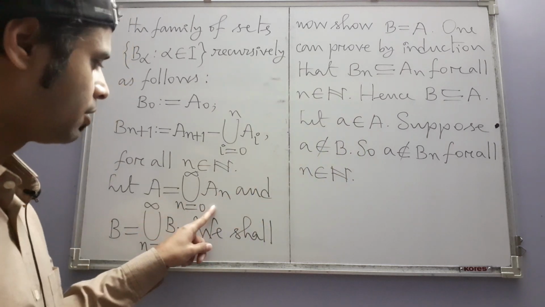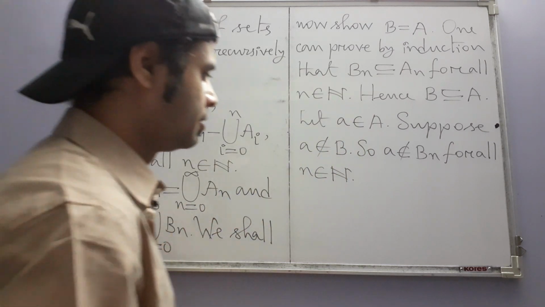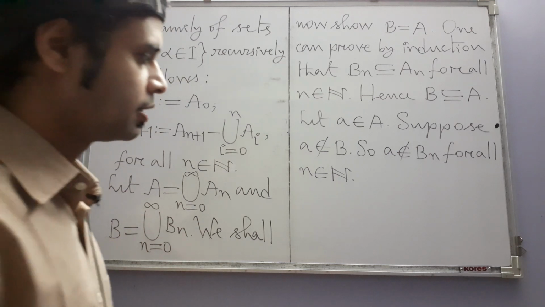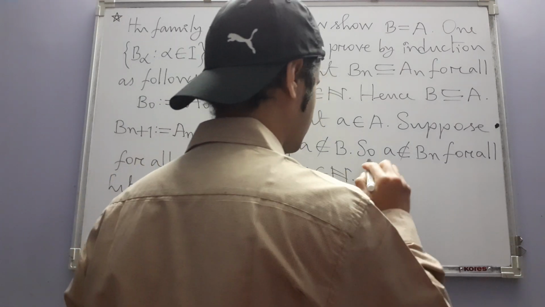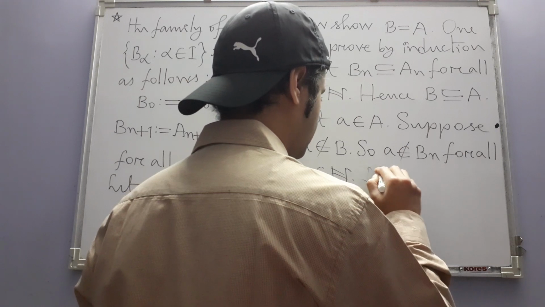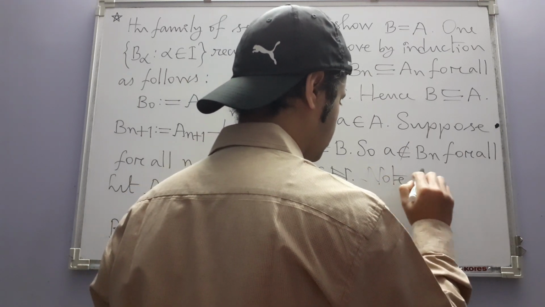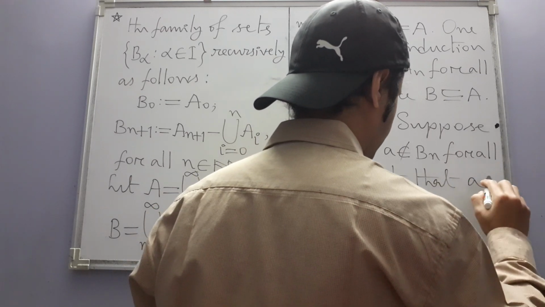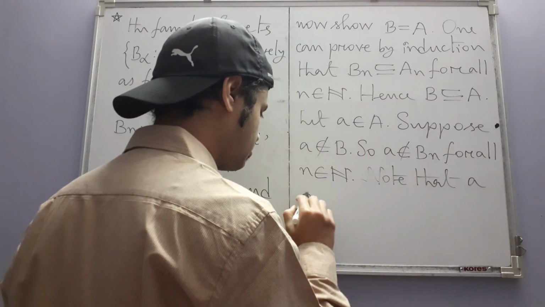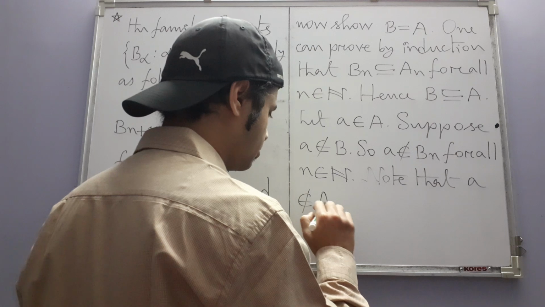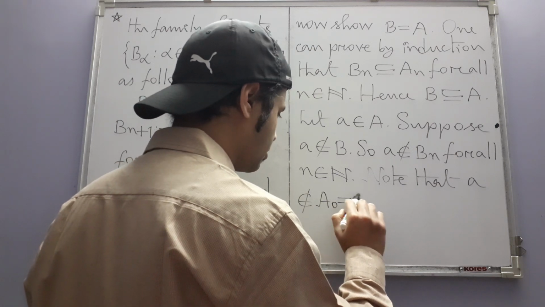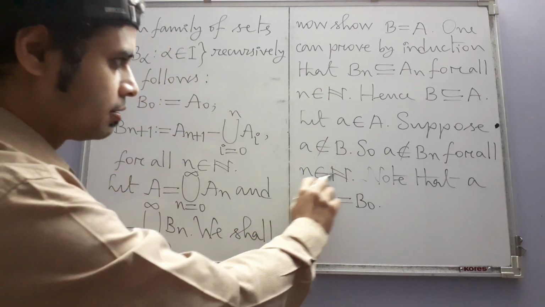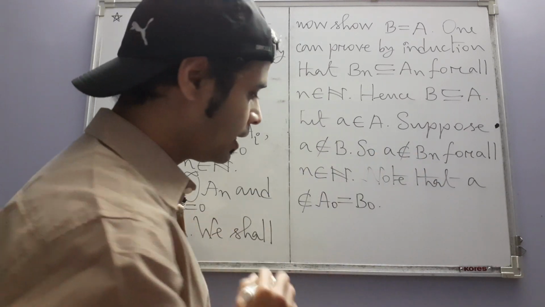So a must belong to at least one An, and that itself we are going to prove by induction on n. Note that a does not belong to A0, which is B0, which comes directly from the condition that a does not belong to any Bn.